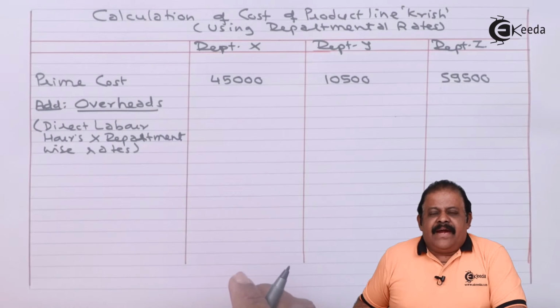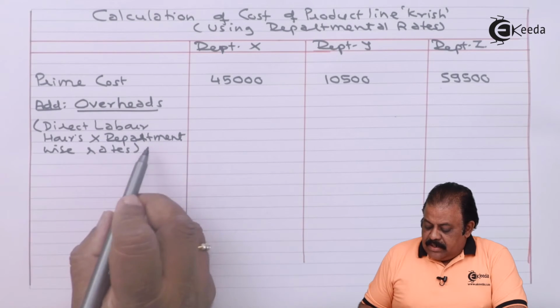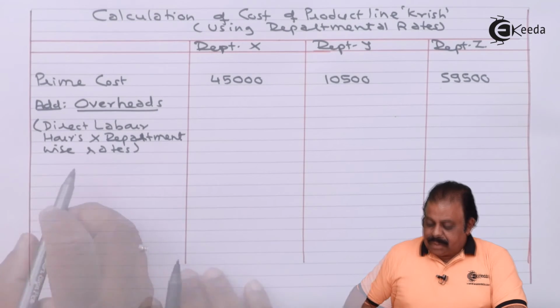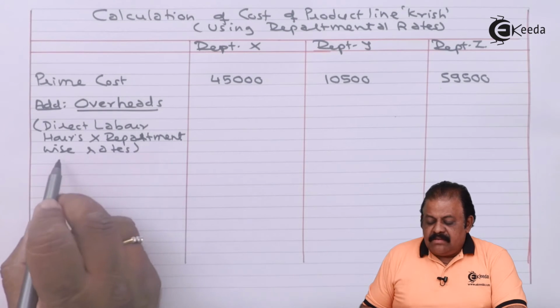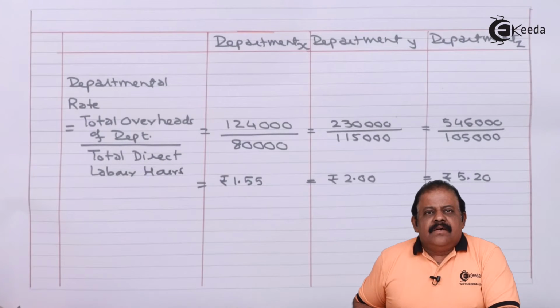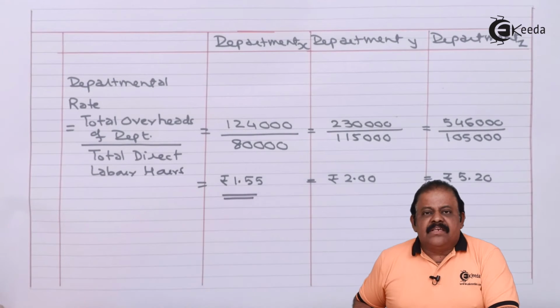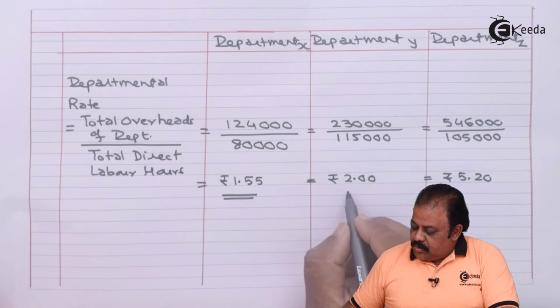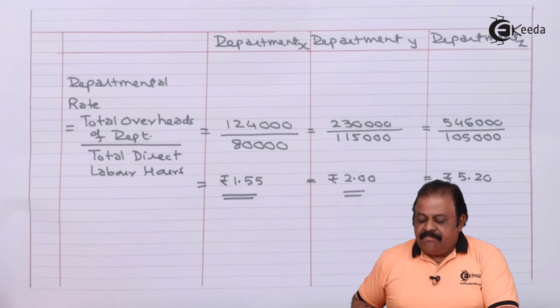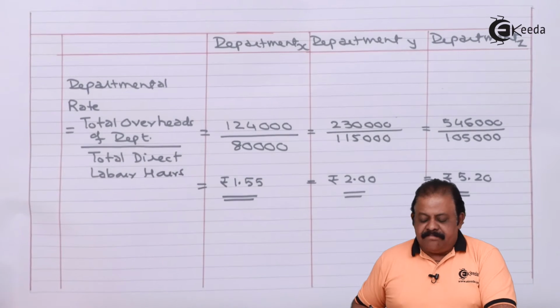We are required to add to prime cost overheads, those are based on department-wise rates, direct labor hours multiplied by department-wise rates. We have calculated department-wise rates: 1 rupee 55 paise for department X, 2 rupees for department Y, and 5 rupees 20 paise for department Z.